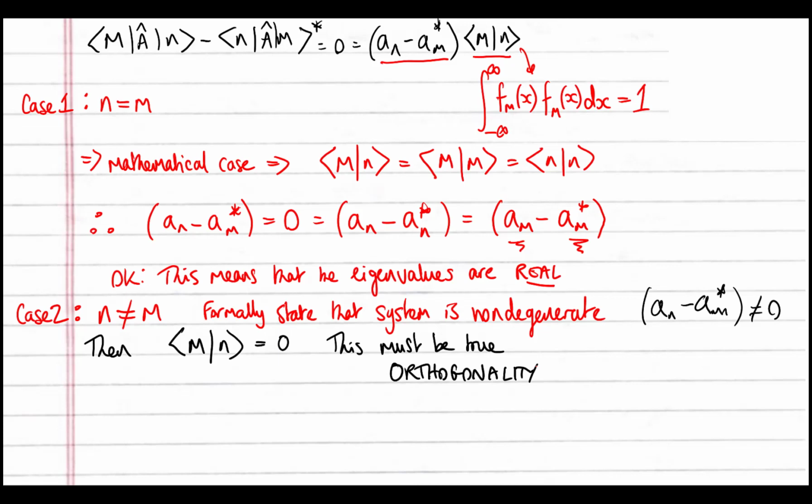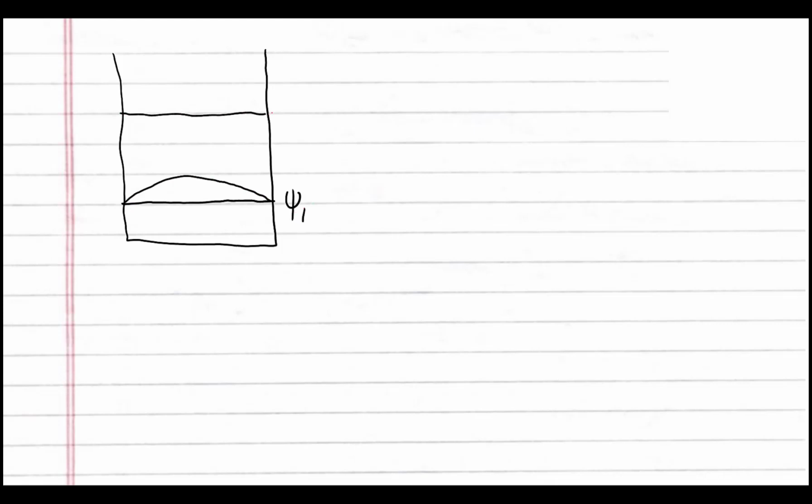Let me explain again using the particle in a box description to help illustrate. We'll go to the next slide. Remember that it's this integral that ends up being 0, and we ask ourselves, what's the physical meaning of this? If we think about our particle in a box, we imagine psi 1 in here and the second wave function here, psi 2, the second state.